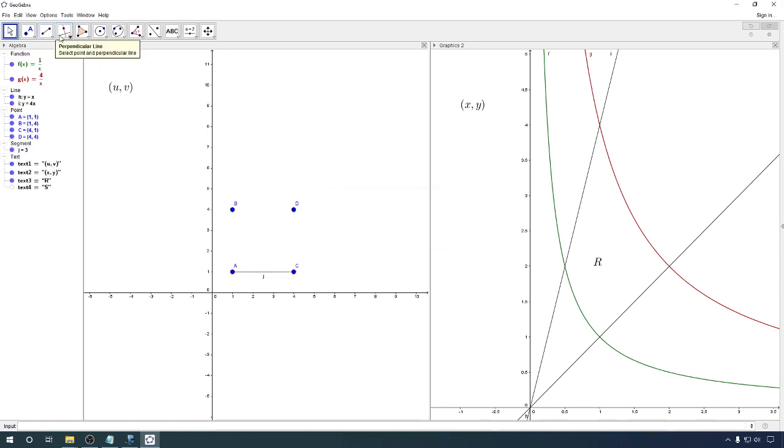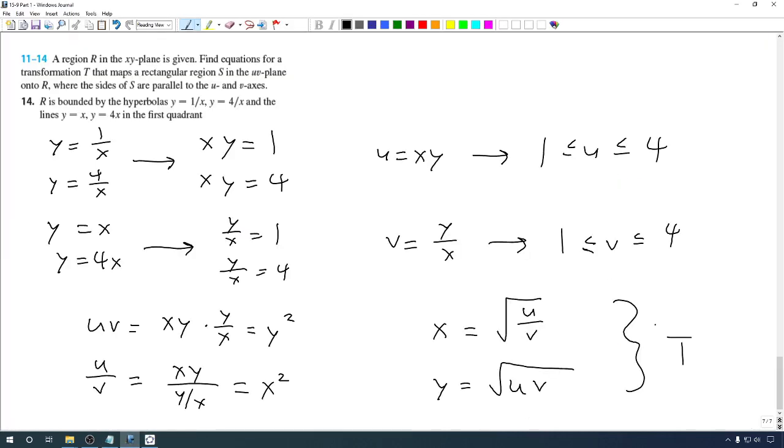In fact, both of them are. And I'm just going to remove those labels. This is going to be our S. So this square here changes into this region over here through these equations.